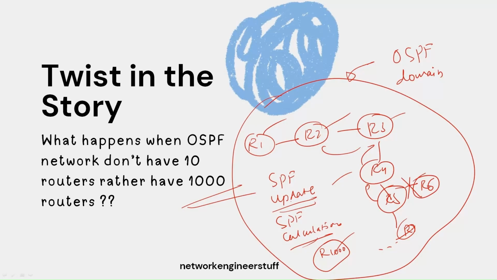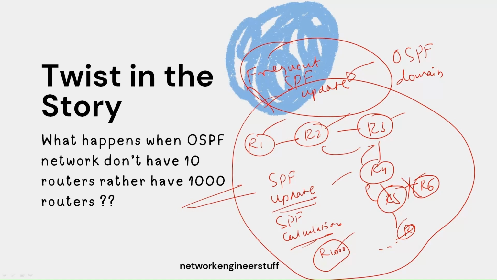Some connection will be flapping, some device will be getting rebooted. Every minute, every second, something is going to happen. So this will result in frequent SPF updates. There will be an issue of frequent SPF updates, right?